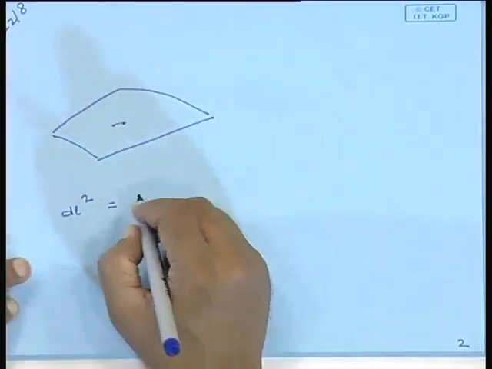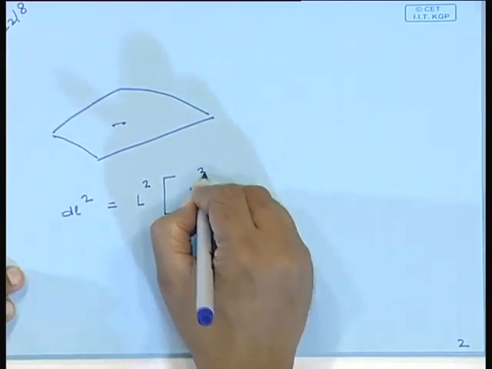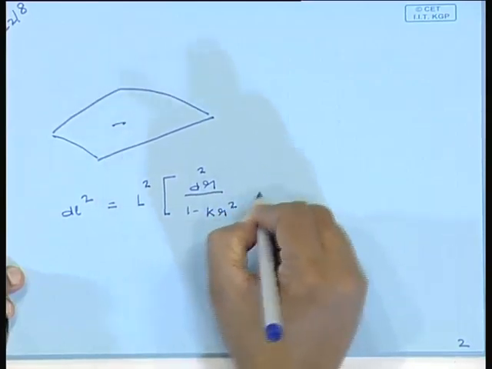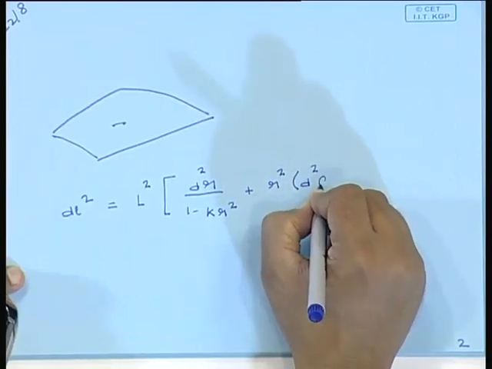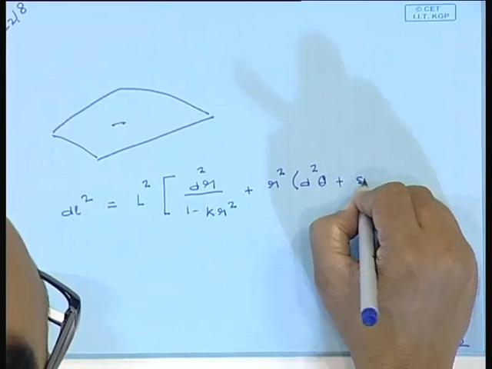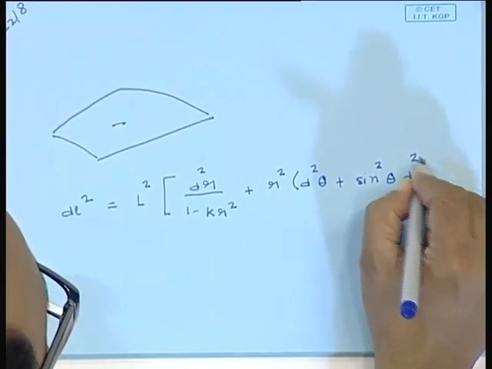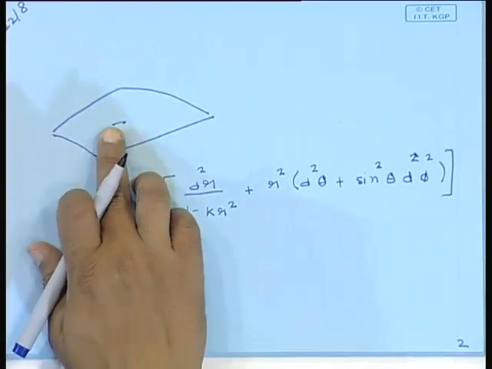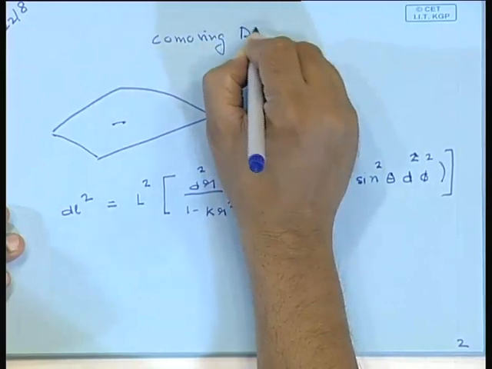So, dl square is L square times dr square by 1 minus k r square plus r square times d theta square plus sin square theta d phi square. So, this gives us dl square, the comoving distance between those 2 points.